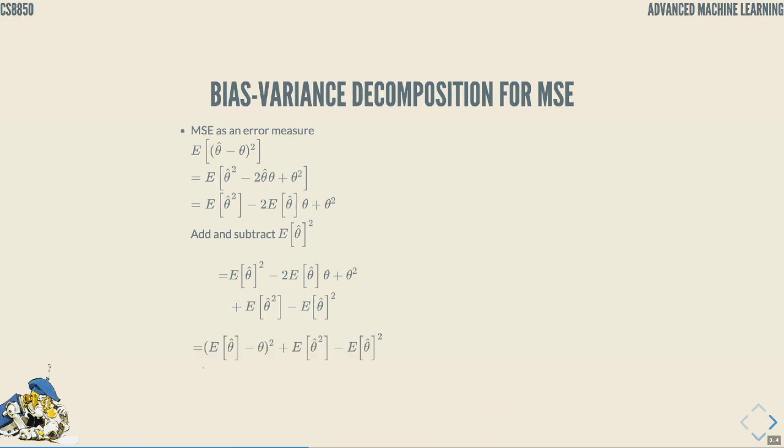This is bias squared, and this is variance. But wait, isn't variance the square of the difference between our estimate and the mean of our estimate, right?